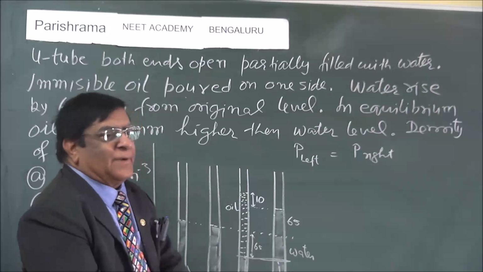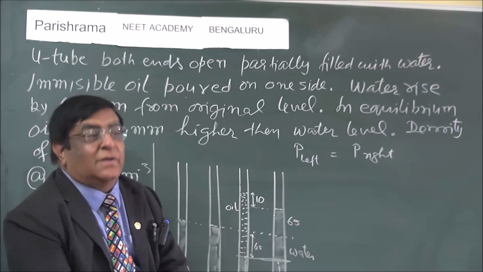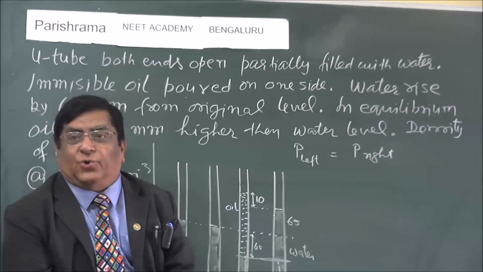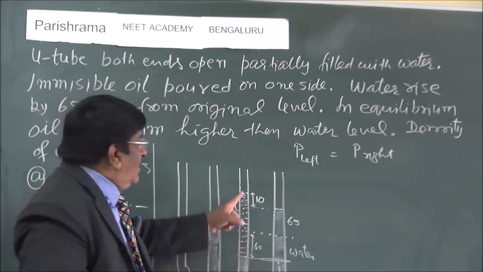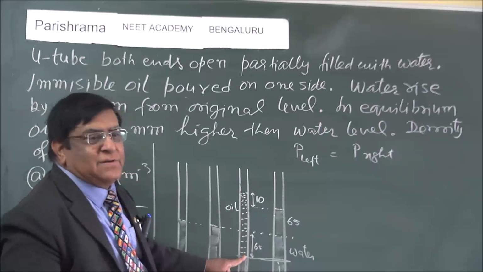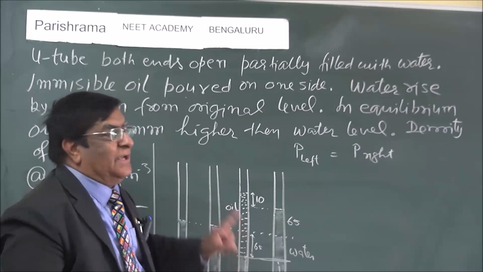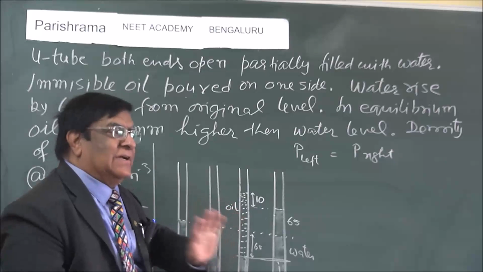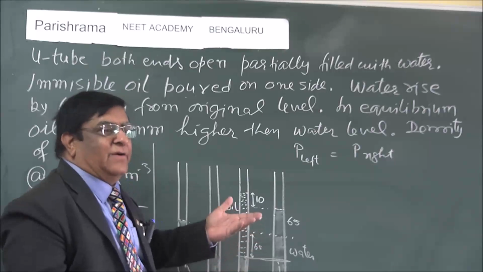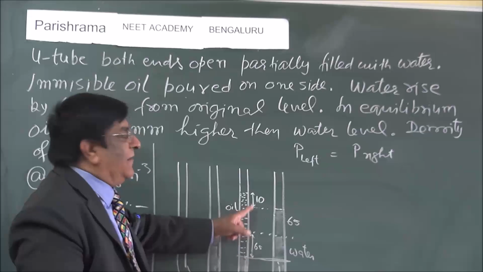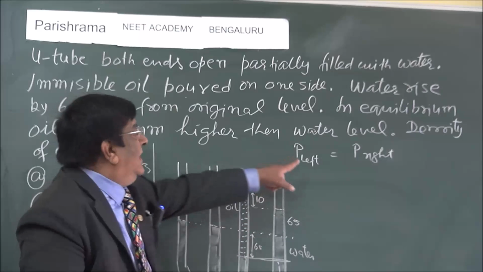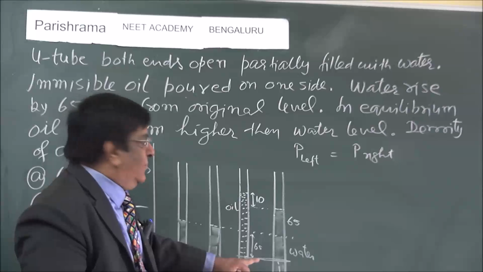What is the formula for pressure? H rho G. Here, how much is the H? Calculate from the diagram. If you have made the diagram very clearly, it's very easy. Very good. 65, 65, 10. H left is, right, you got it.